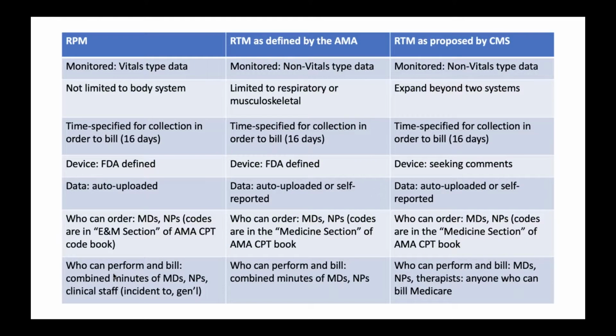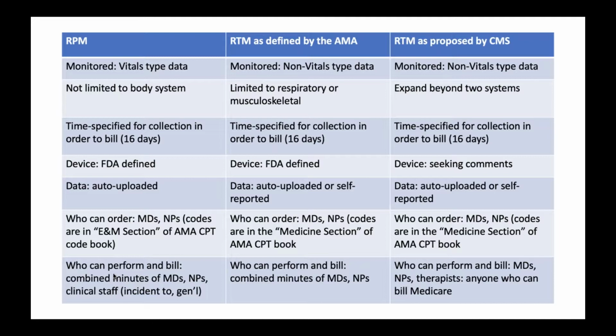All right. I want to give you the differences again between RPM and RTM. This is where the AMA had a few different ideas than how CMS interpreted their own type of interpretation of how they thought this would be best used. So RPM, it's vitals. RTM is not vitals.